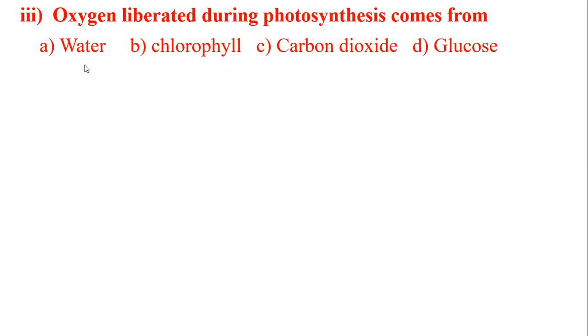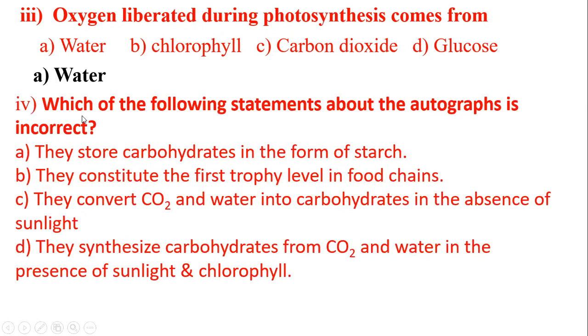From water, oxygen will get liberated. From carbon dioxide, oxygen will not get liberated. The carbon dioxide is going to be converted into glucose. So the answer is: oxygen liberated in photosynthesis comes from water. Go to the next question.